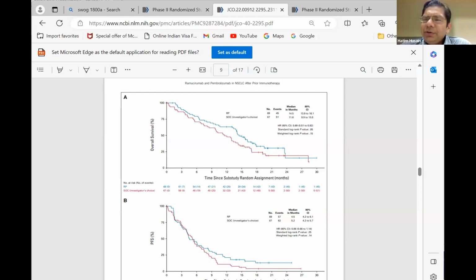Dr. Jang, actually, are you using this at all in the second line? Personally, no. This is actually a phase 2 trial. The number is small. So it's really interesting for me to see the data and think about it. But I'm waiting for some confirmatory trial.